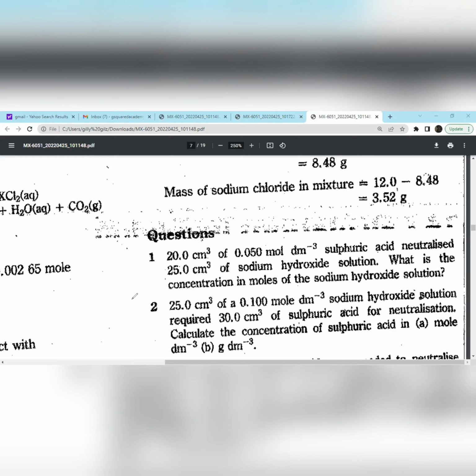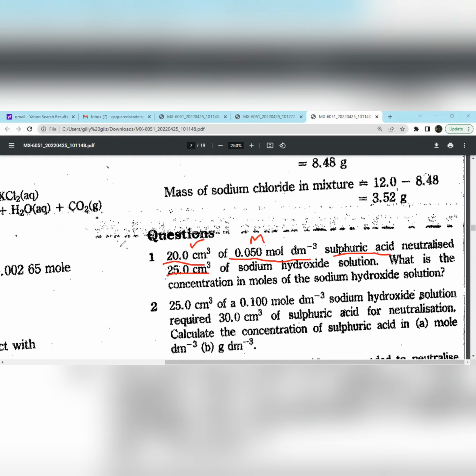By decorations, I mean things that you don't really need, but the examiner just put it on the paper to distract you. So I call those things decorations. All right, so let's see what we have here now. First of all, 20 centimeters cube of 0.05 molar sulfuric acid. So we know the volume of the sulfuric acid and we know its concentration. They also gave us that it reacted with 25 centimeters cube of sodium hydroxide.